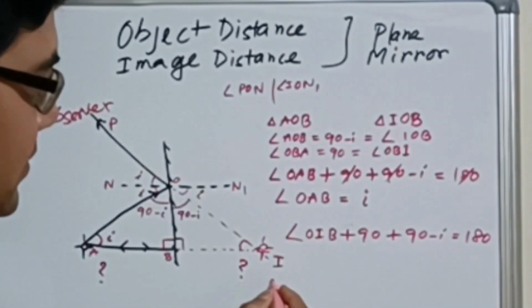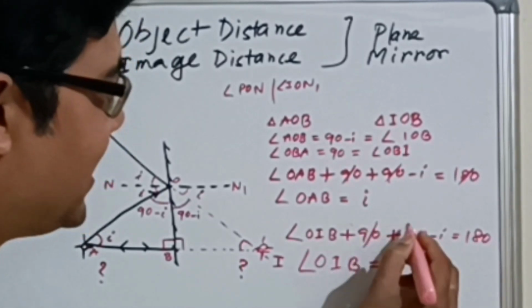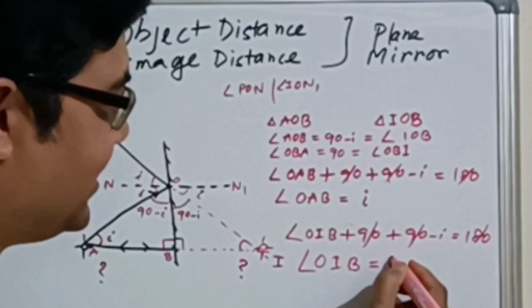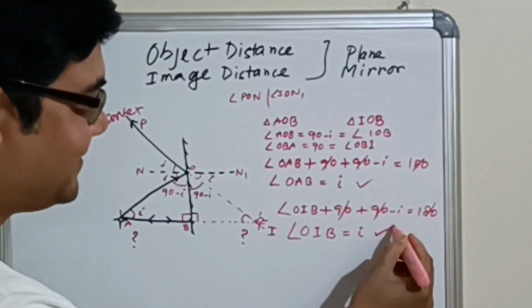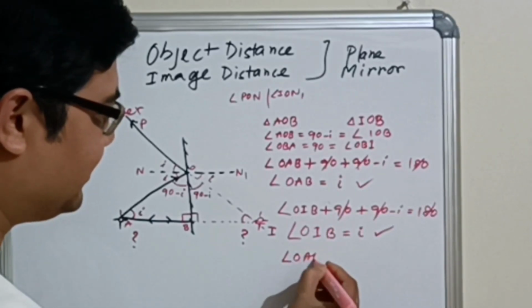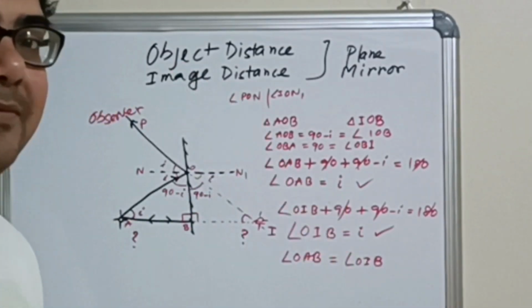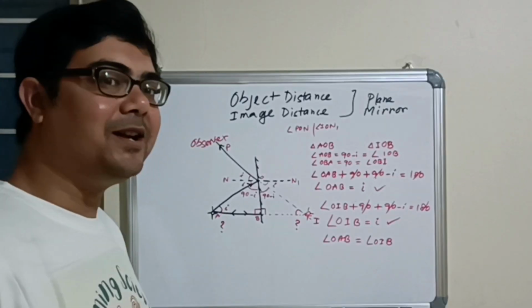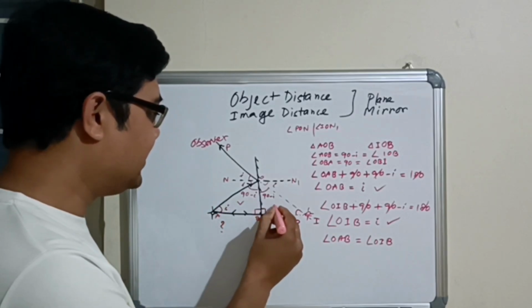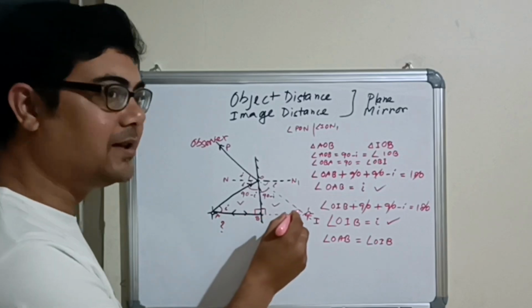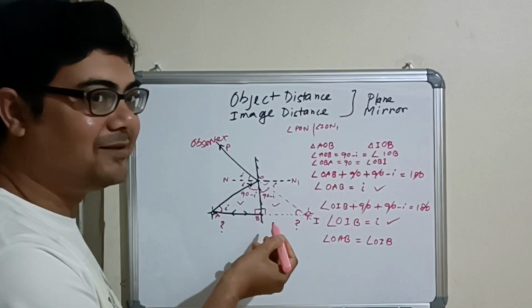Here also you can get angle OIB becomes 90, 90, 180 cancelled, I. So what we can see from this and this, angle OAB equals angle OIB. So what can we conclude from here? In this triangle and this triangle, this angle and this angle are equal, this angle and this angle are equal. Also this is 90 degree.